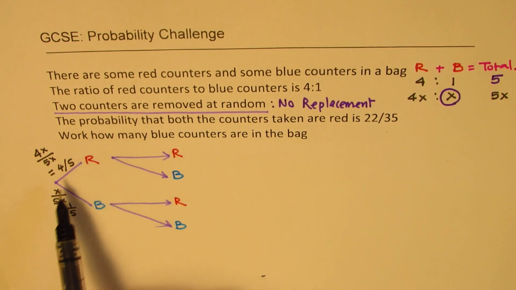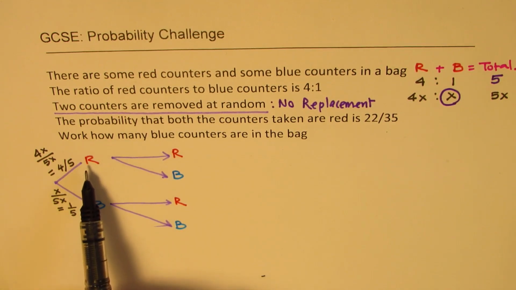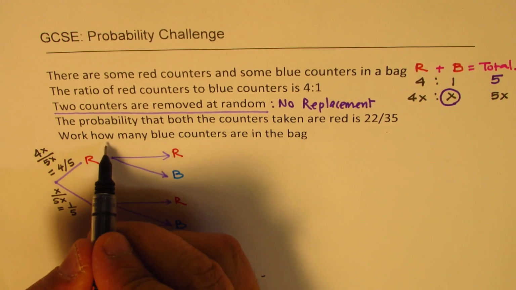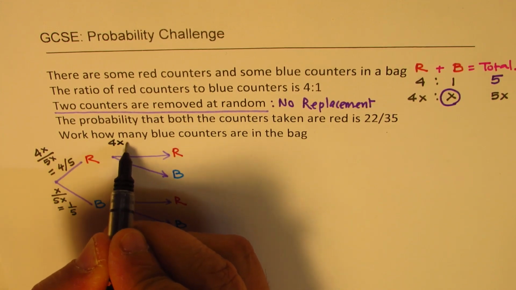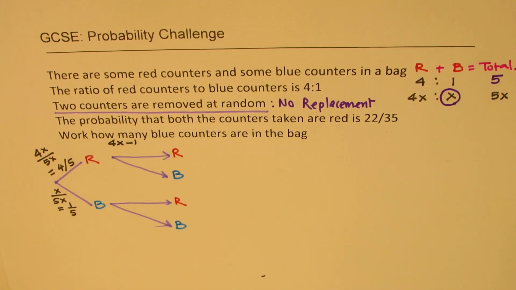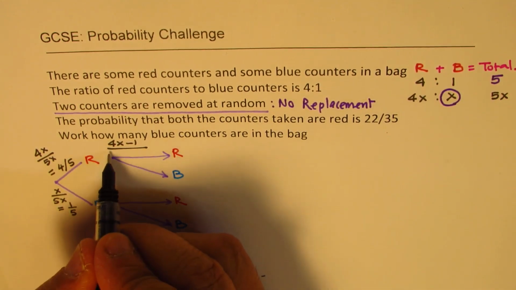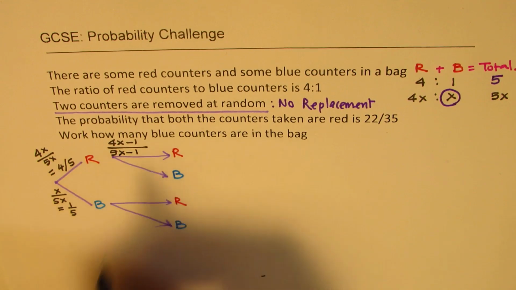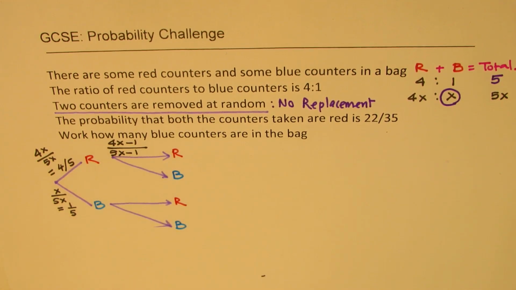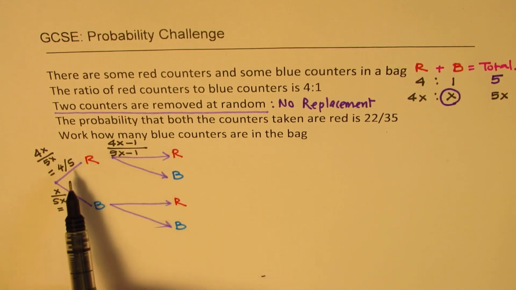Now, if I have already taken out 1 red, I got 1 less, right? So the number of red is 1 less than 4x, and even in the total, 1 less than 5x. Does it make sense to you? That is how we get the probability of the second event, which is followed.